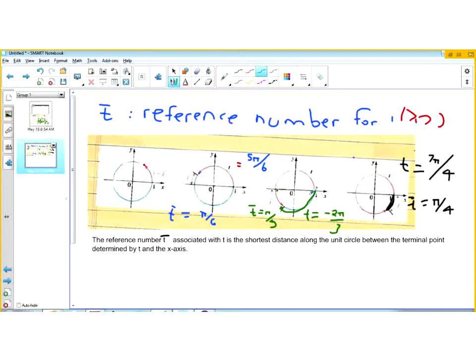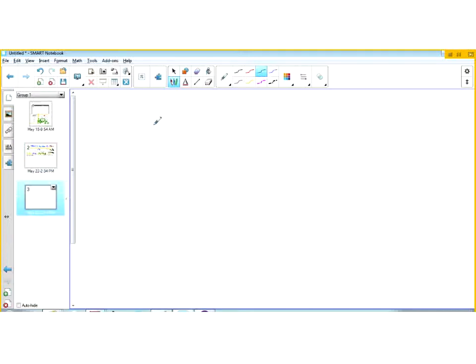So we use reference numbers. So what are reference numbers used for? Well, they're used to calculate the coordinates of a terminal point.